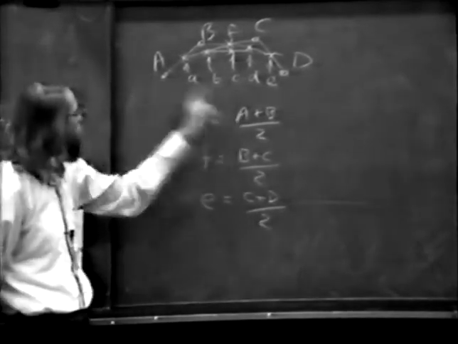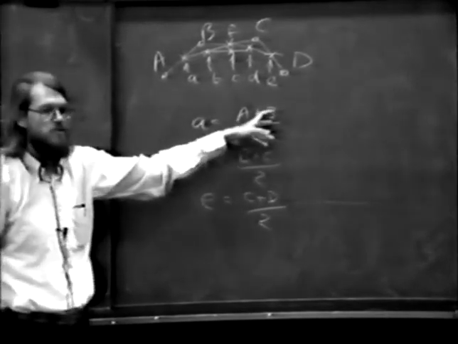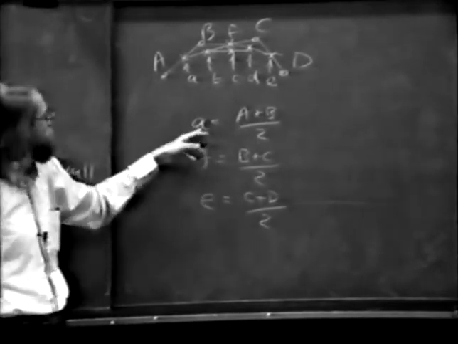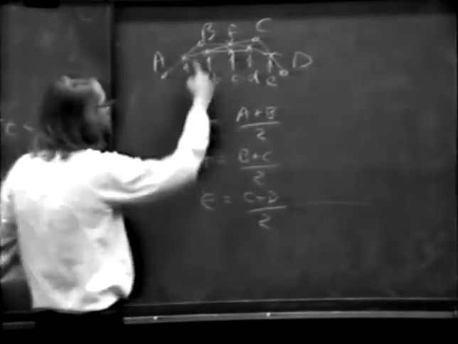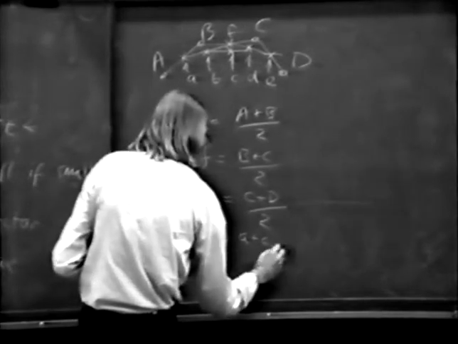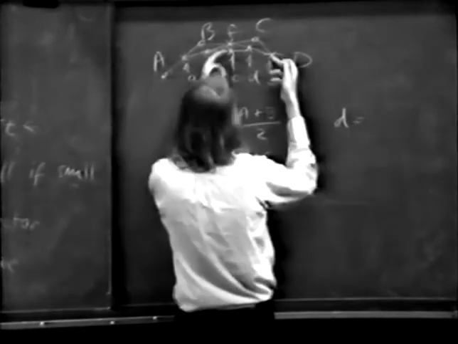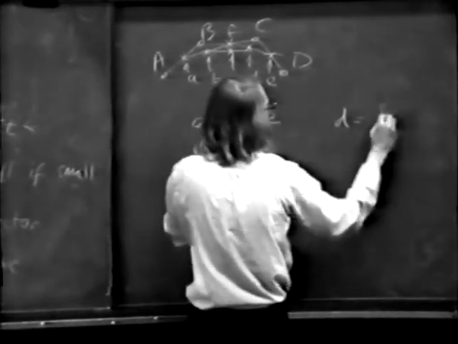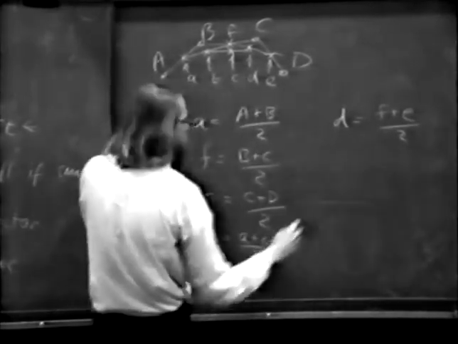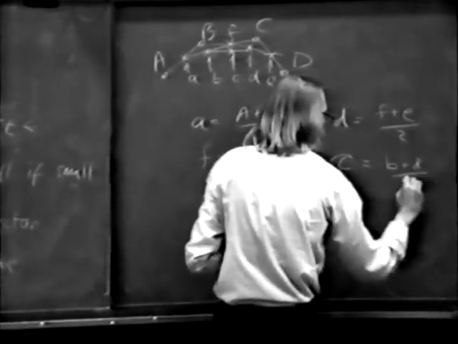Now by A I mean the whole vector here, x, y, z, w, just as a vector. And B is the vector x, y, z, and w. So you take each component of this vector representing point A and point B, add them together, divide by 2, and this gives you the vector for point A. Then you split AC, so you get that B and D equals F plus E over 2, and then small c equals B plus D over 2.